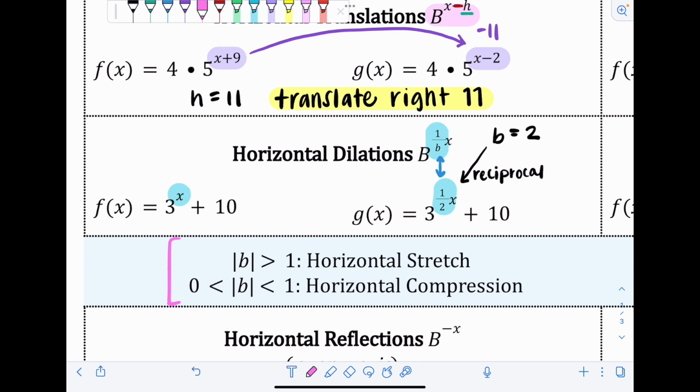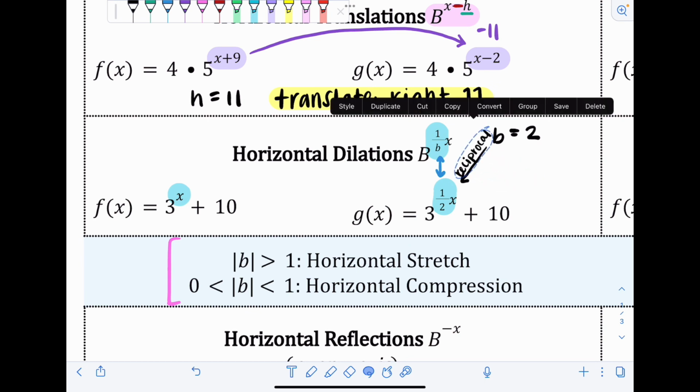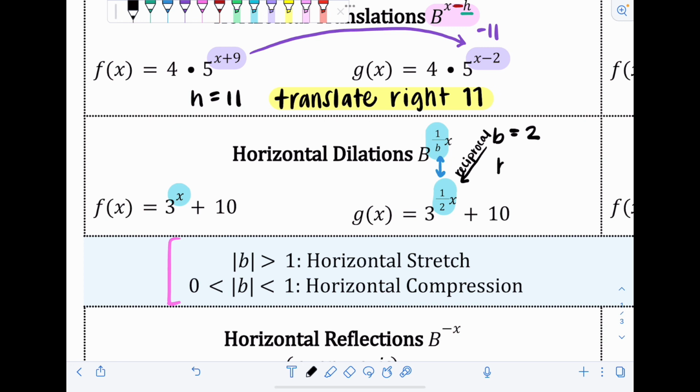So if the absolute value of b is greater than 1, it indicates a horizontal stretch. Since b is 2, and I'm just reading off this line right here, that would be a horizontal stretch. So that's our transformation. We would say horizontal stretch by a factor of 2.